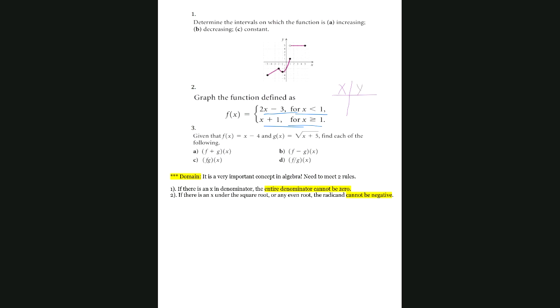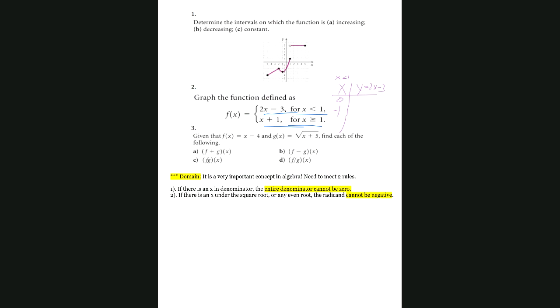So for this one, y is equal to 2x minus 3 when x is less than 1. x does not include 1, right? So I will choose x equal to 0, or I can choose x equal to -1, because 0 and -1 are both less than 1.